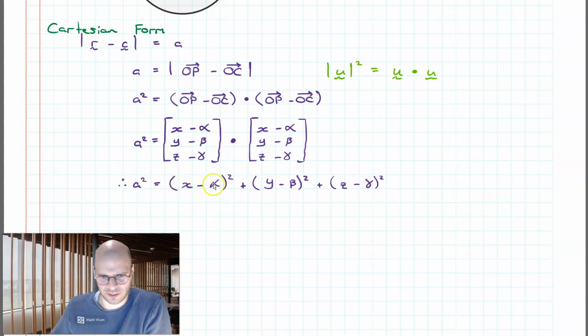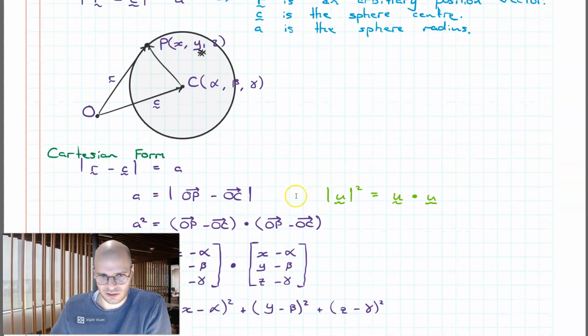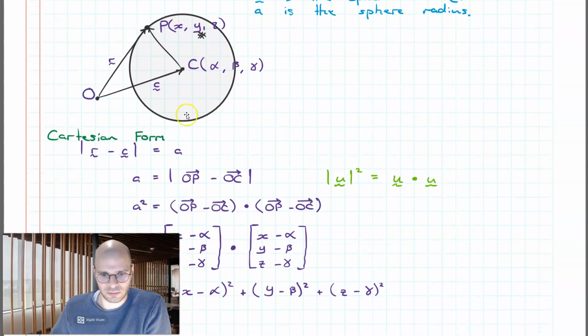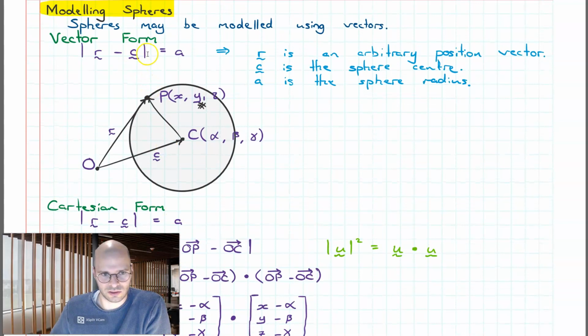So what we've got over here is our Cartesian form of an equation that describes a sphere. So this describes this situation up here, and this is equivalent to this.